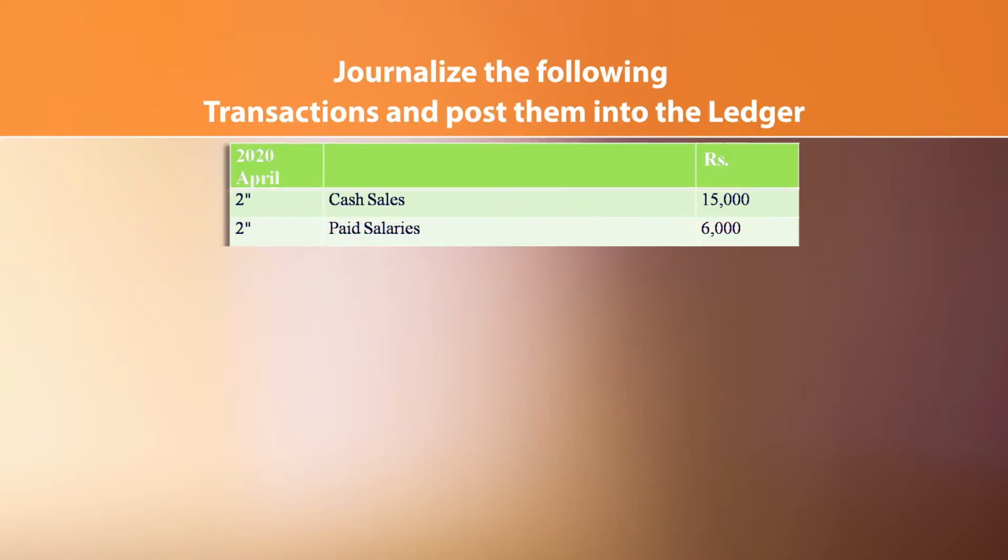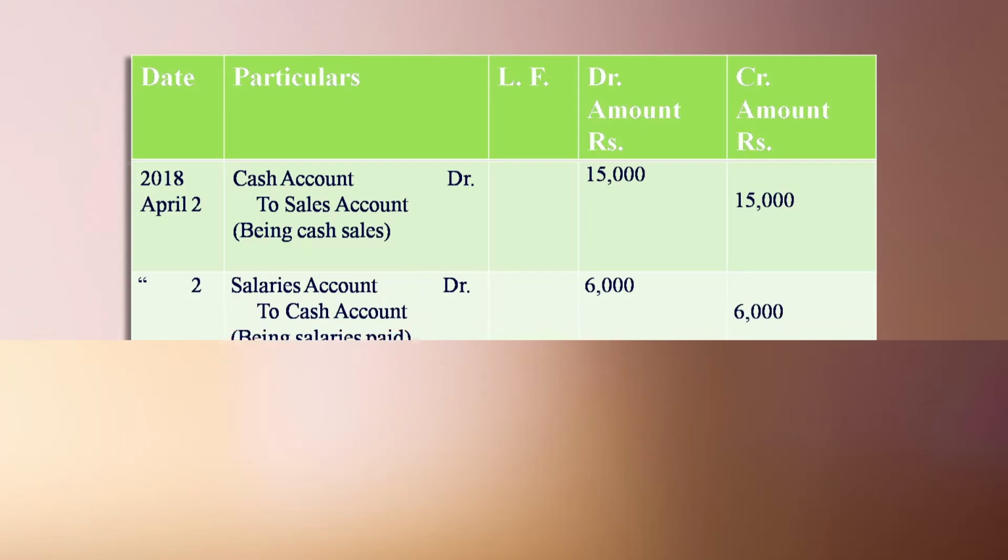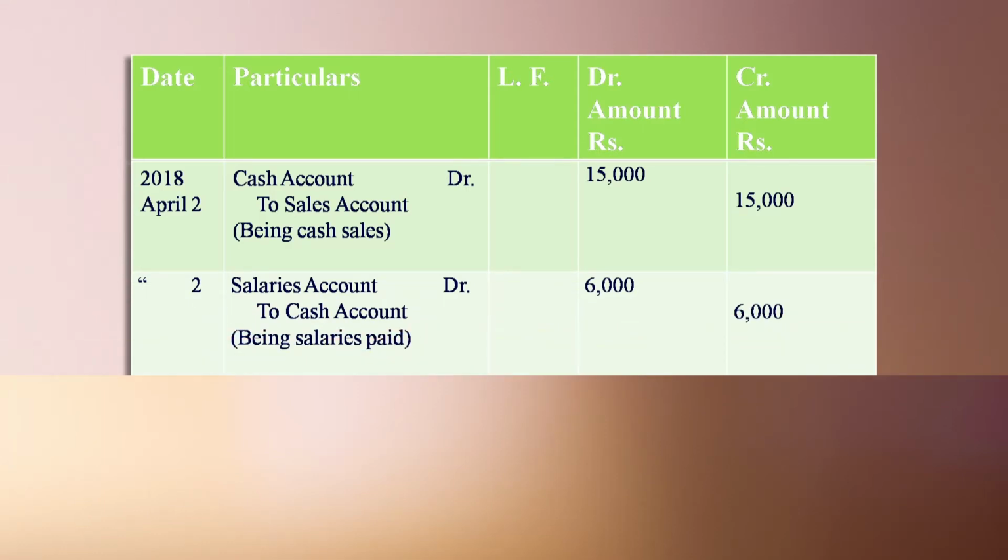Then the second one is paid salaries, that the business has made the payment of salaries to their employees. So this is the second transaction. So here in this transaction again two accounts are going to be affected. The first one is cash account and the second one is salaries account. Well friends, cash account is an asset for the business.